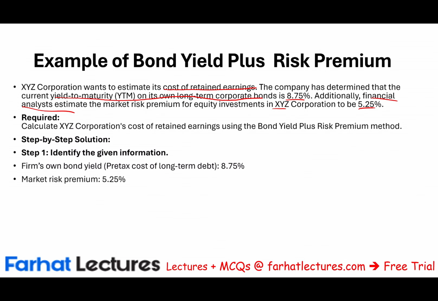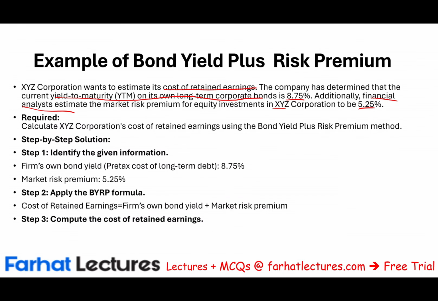We add the risk premium, 5.25. Then we combine them together and we get 14%, which is 8.75 plus 5.25. What does that mean? It means the cost to keep the money is 14%. It means the company has to earn at least 14% internally. Otherwise, the investors want their money because 14% is the cost of retained earnings based on this information.